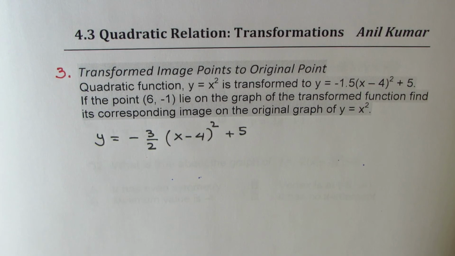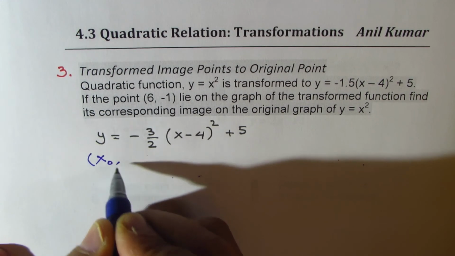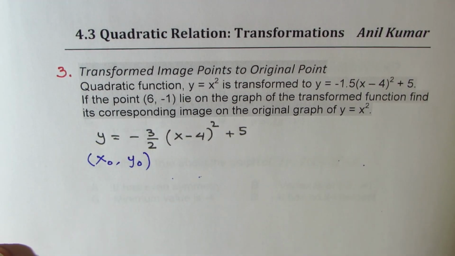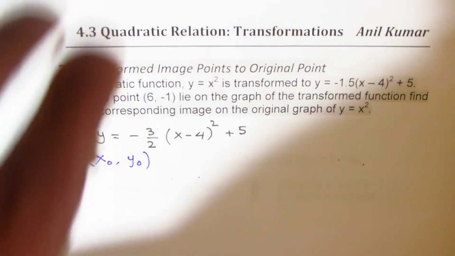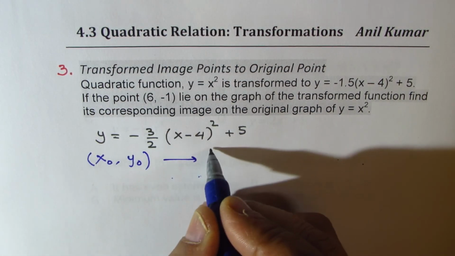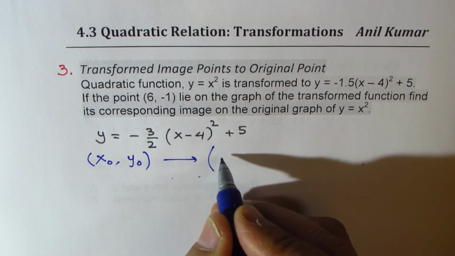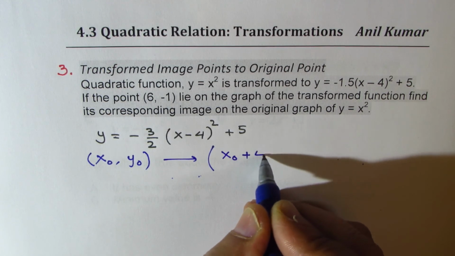Now let's learn about change in points. If I have a point (x0, y0) on the original function, in that case, it gets transformed. The x value is 4 units to the right, so we add 4.